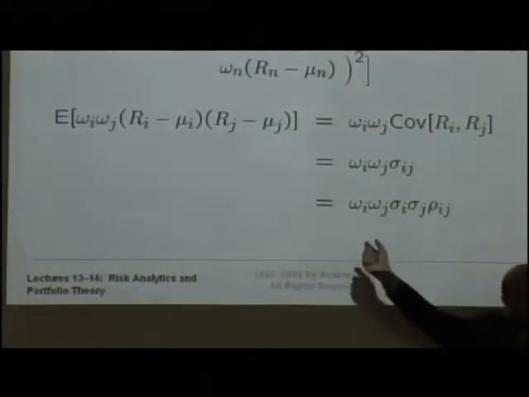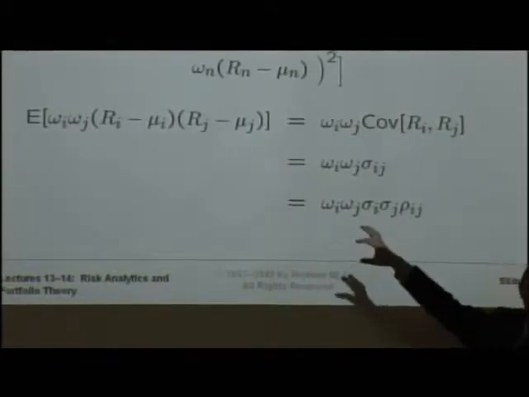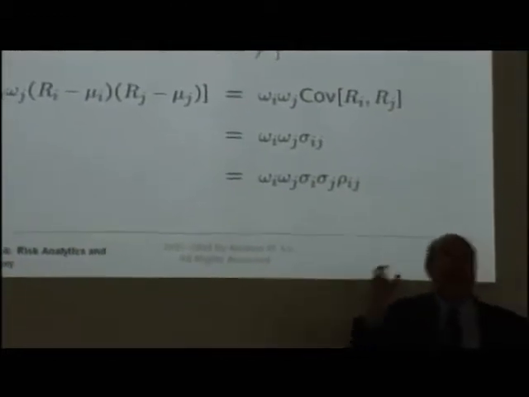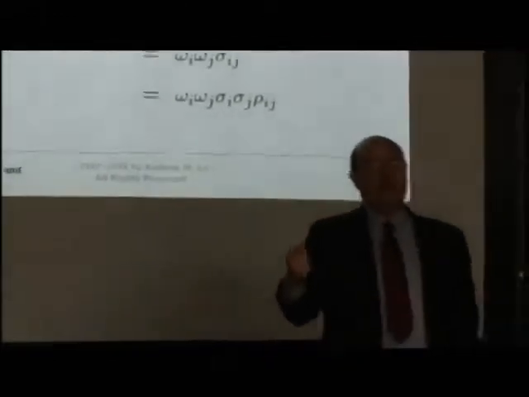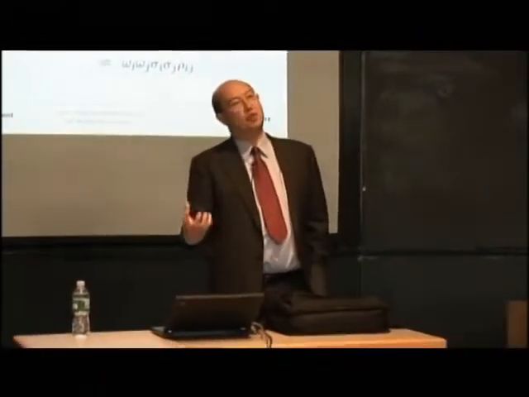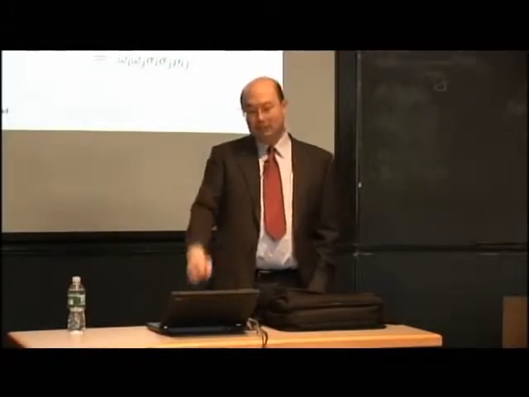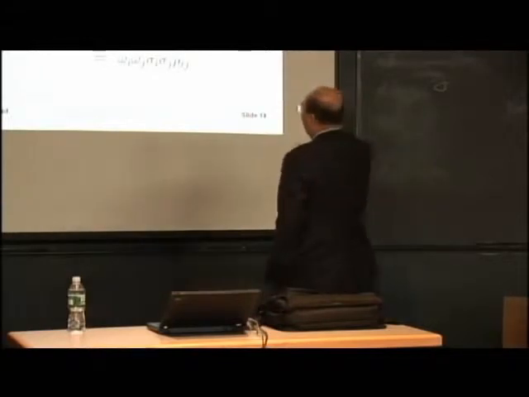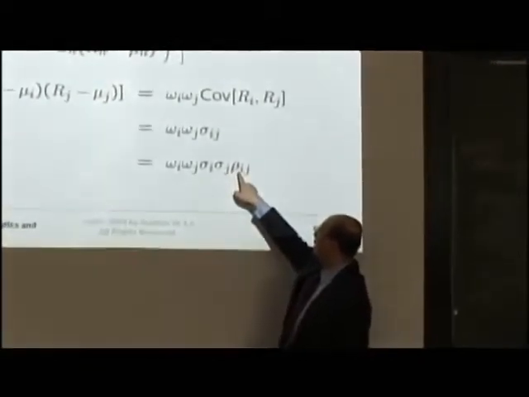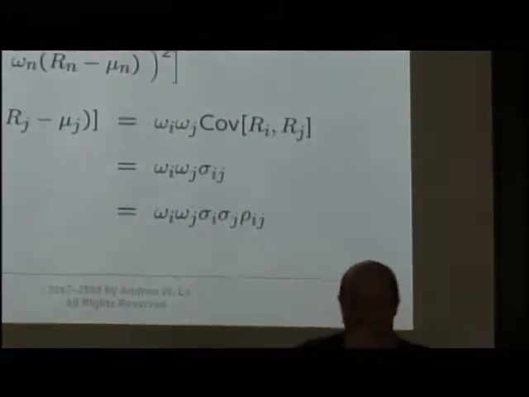Sometimes i equals j, and when that happens, you get omega i squared times the variance of security i. But when i does not equal j, then you're going to get omega i times omega j times the covariance between the return on i and j. Okay? And another way of writing that covariance is equal to the correlation between i and j multiplied by the standard deviation of i and the standard deviation of j.